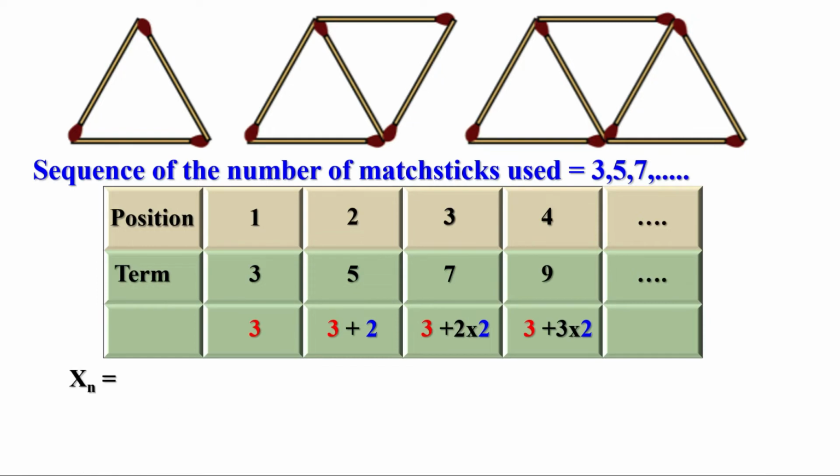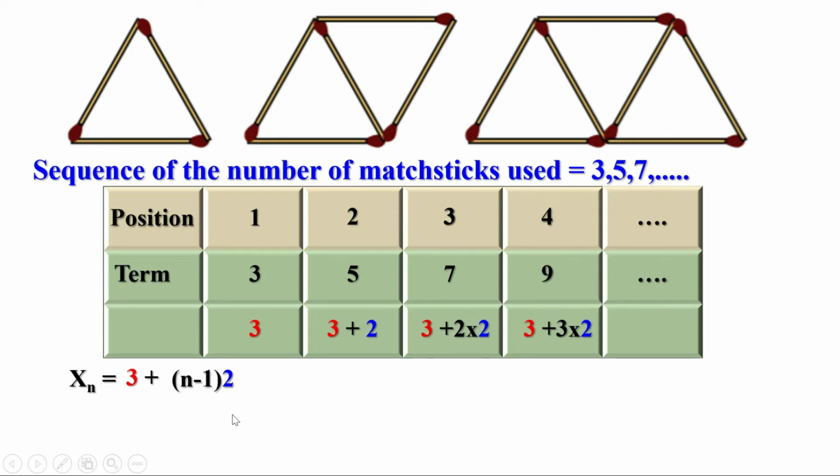For the first triangle we need 3. 3 is common in each term, and in the second term there is only one 2. In the third term there are 2 2s. In the fourth term there are 3 2s, and in the fifth term there will be 4 2s. In general, in the nth term there will be n minus 1 2s. That is 1 less than n 2s.